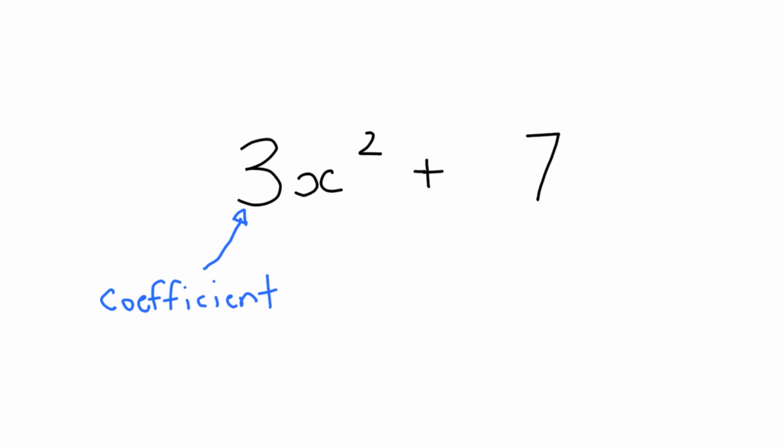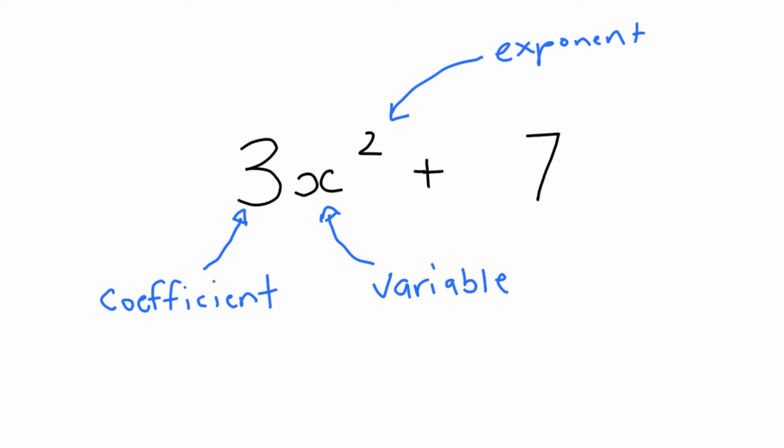So 3 in this case, in front of the x, we call that the coefficient. The x, like any letter, is the variable. The 2 in this case is called the exponent. And the 7, because it doesn't have a variable behind it, we call it the constant.